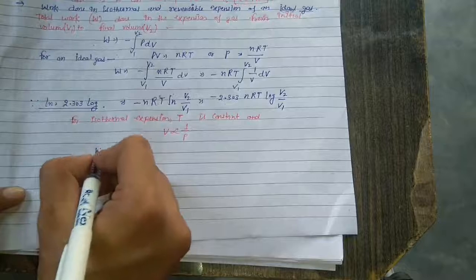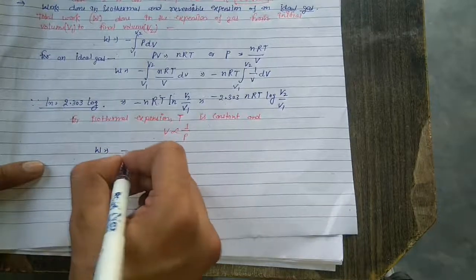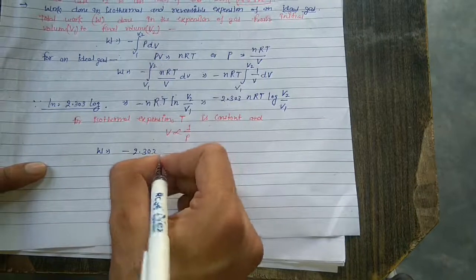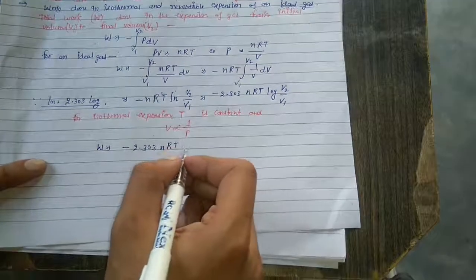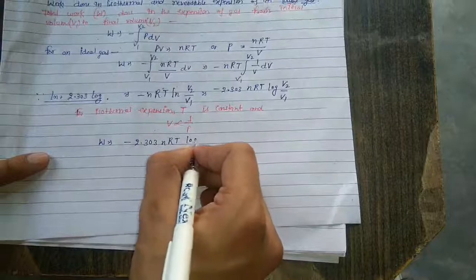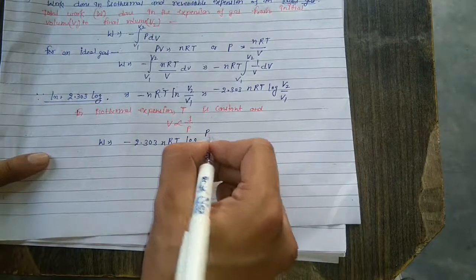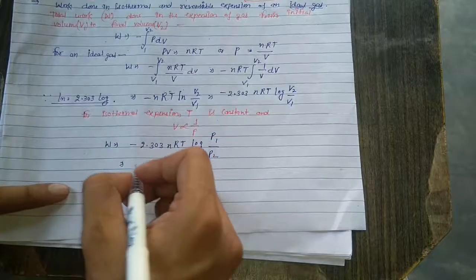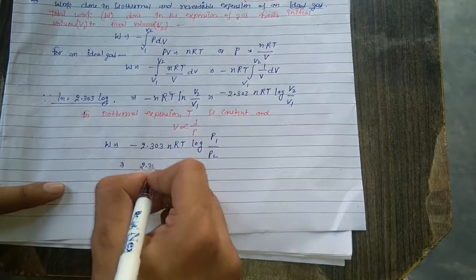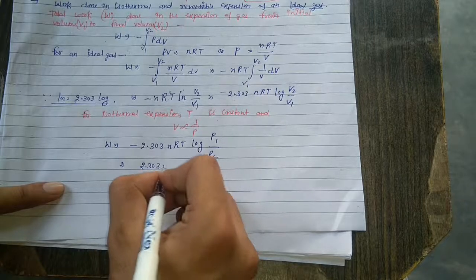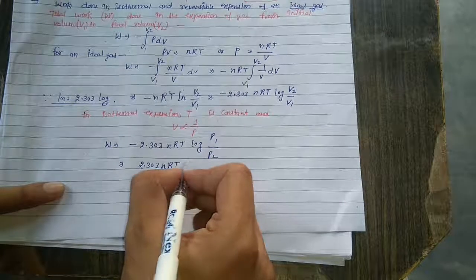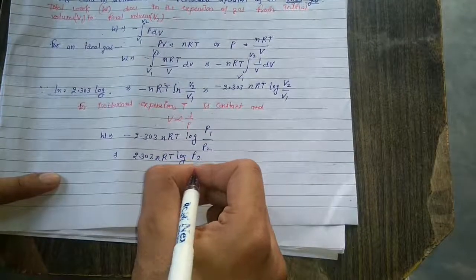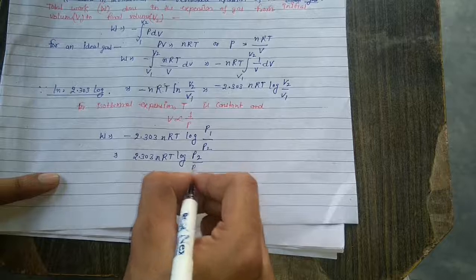So then W equals minus 2.303 nRT log P1 upon P2, which is 2.303 nRT log P2 upon P1.